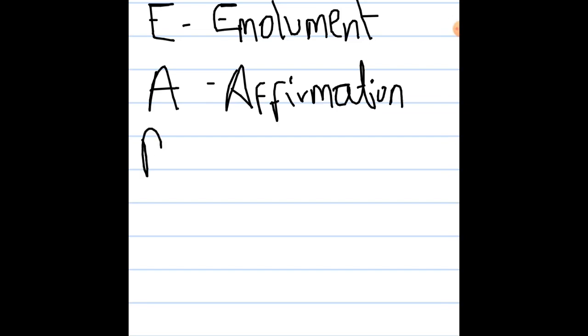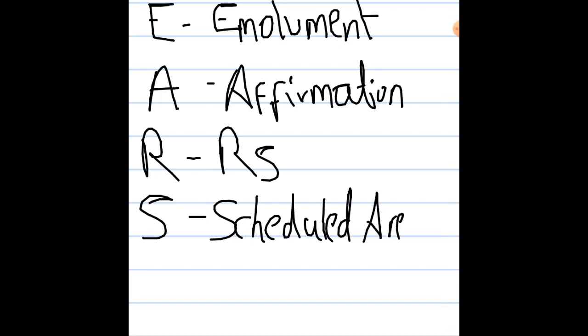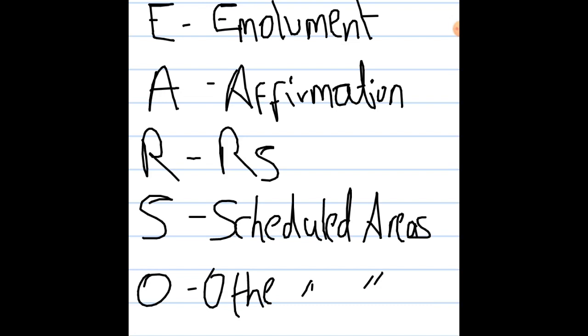R stands for Rajya Sabha. S stands for scheduled areas. O stands for other scheduled areas. F stands for federal provision.